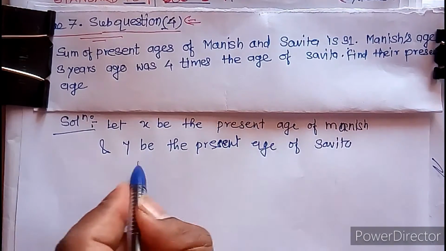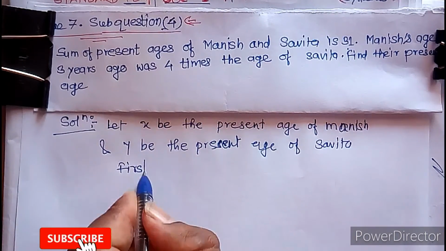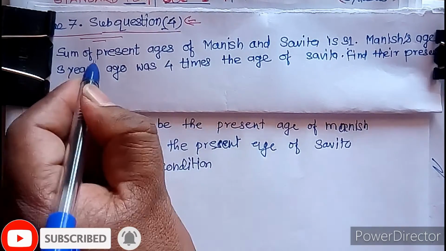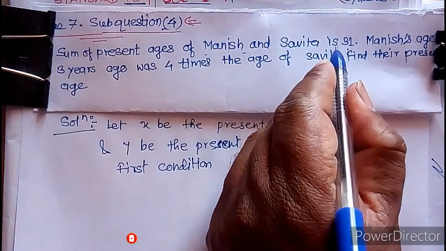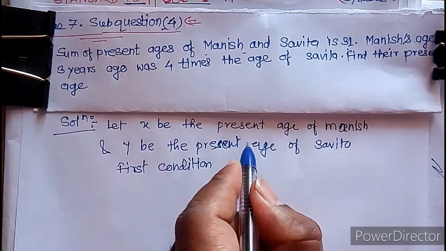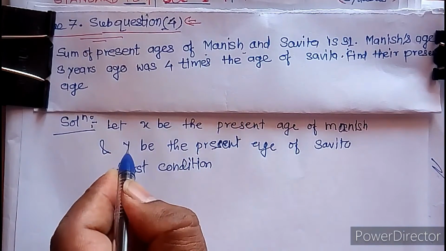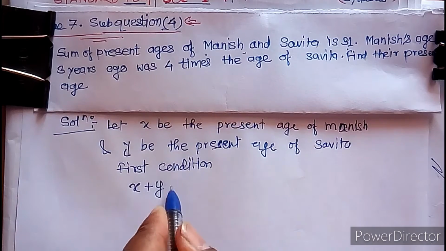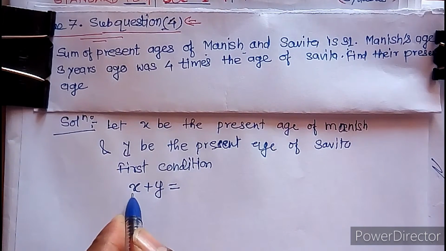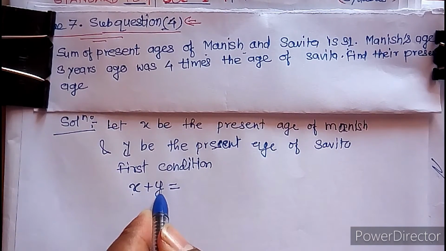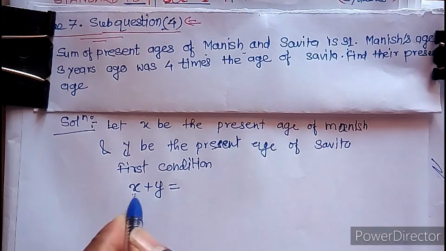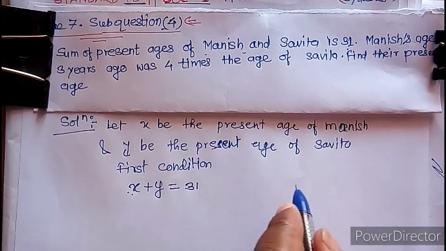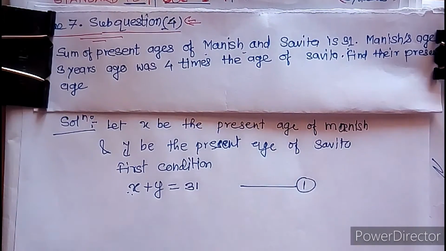Then from the first condition: the sum of the present ages of Manish and Savita is 31. We assume their ages as x and y, therefore the sum is x plus y, which equals 31 because the sum of their ages is 31. Give it equation number 1.